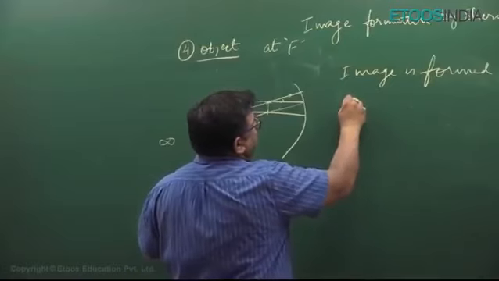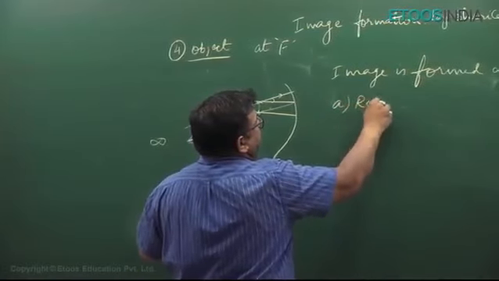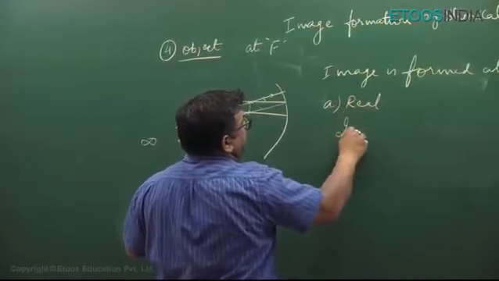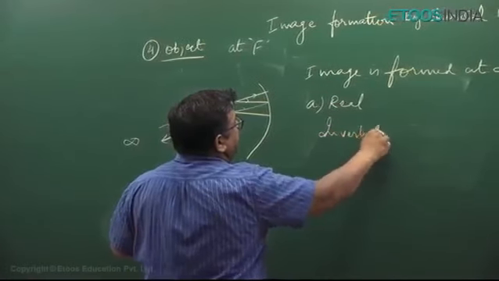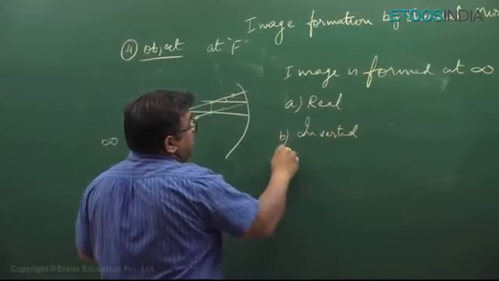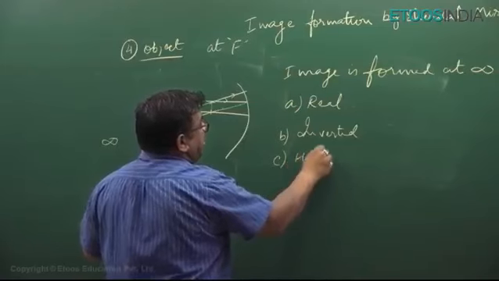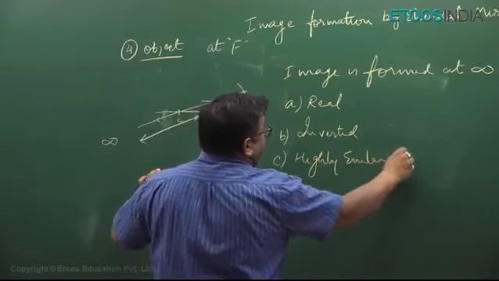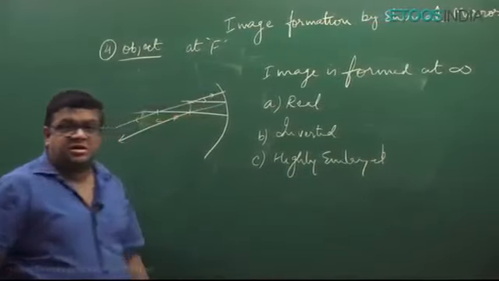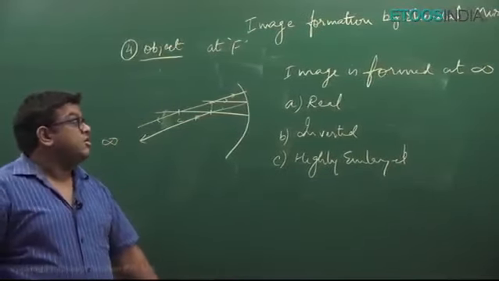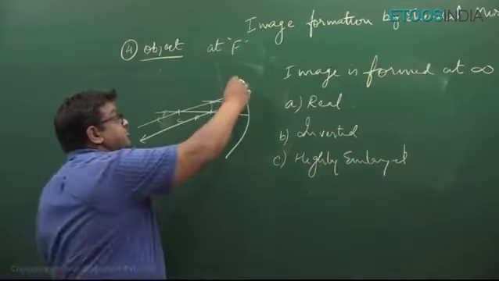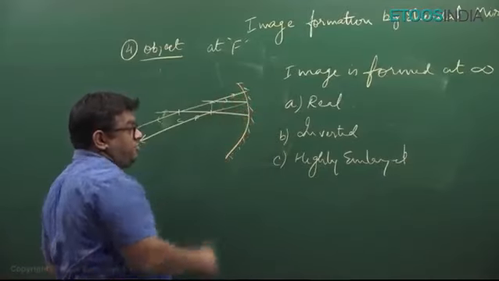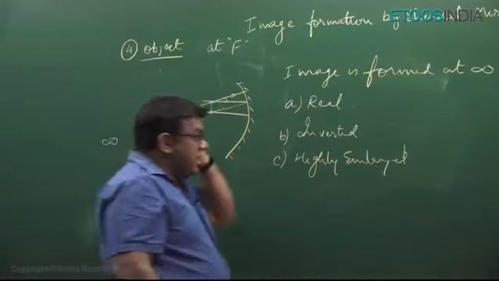Now, what is the nature of the image? It will be real, inverted, and highly enlarged. Got it? Now, there is a very significant use of this position of the image. I'll tell you how.